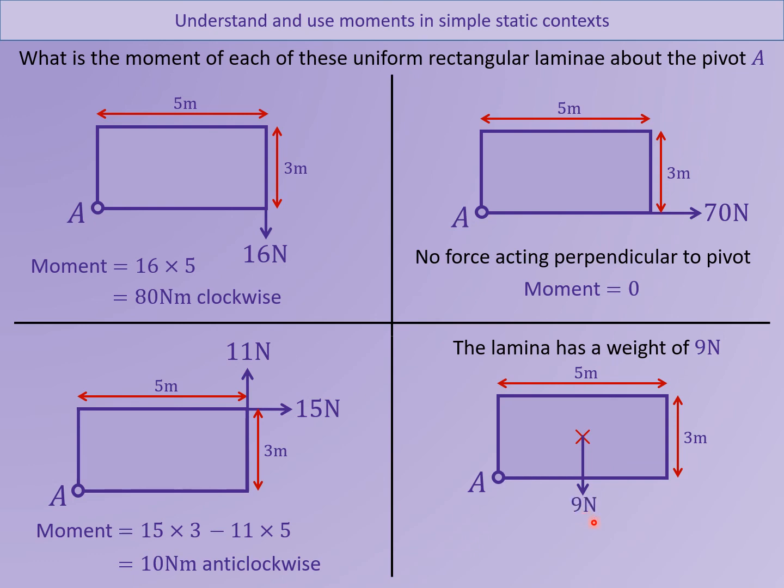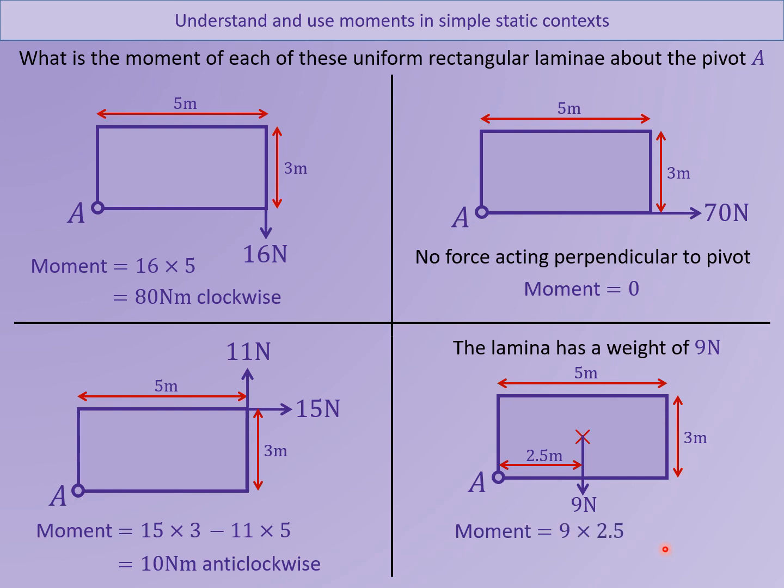All right, so I can definitely put those in. And now I can consider where that's pointing. Now, if you look at where I've dropped it there, you can see that this 9 newtons is actually acting perpendicular to this line just here. So I need this distance from there to there to be able to calculate it. So it's got a distance of 2.5 and it's going down at 9 newtons.